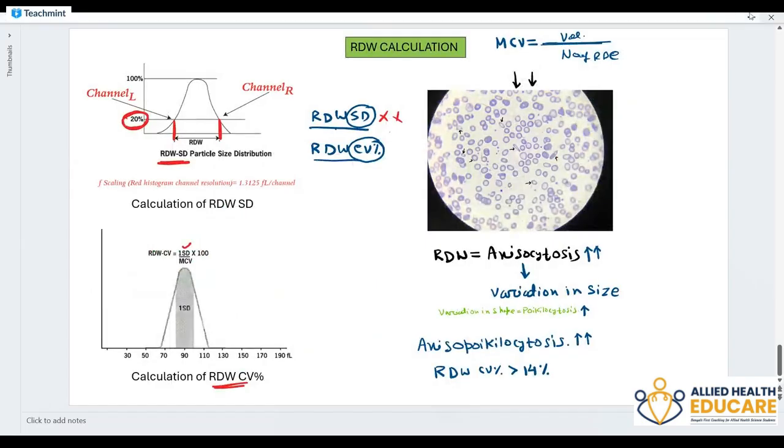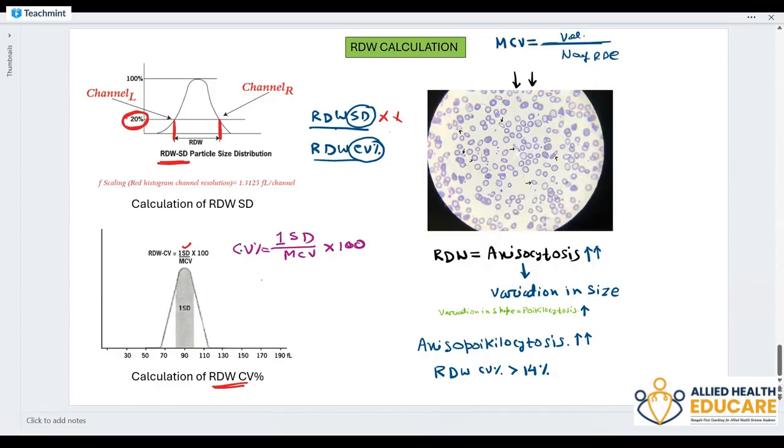So the calculation of RDW CV percentage is 1 SD value divided by mean. Here mean is MCV, into 100%, as the CV percentage value is represented in terms of percentage.